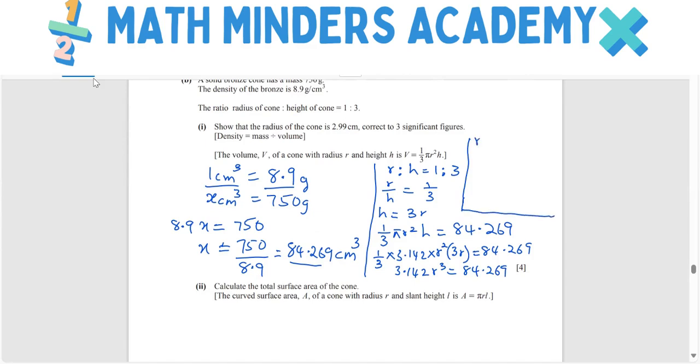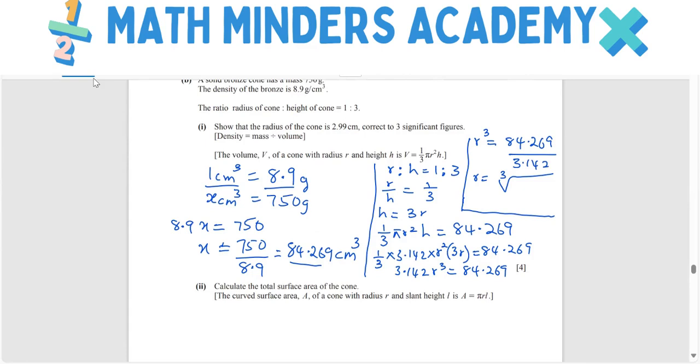Okay, making r cubed the subject, we have 84.269 all over 3.142. So r is the cube root of the value we get when we divide 84.269 by 3.142.